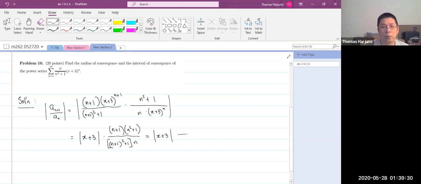On the top, let me FOIL that, even though I don't really want to do it. That would be n cubed plus n squared plus n plus 1 on the top. At the bottom, n squared times n is n cubed, 2n times n is 2n squared, and 2 times n is 2n. That equals the absolute value of x plus 3 times that ratio, divided by n cubed.